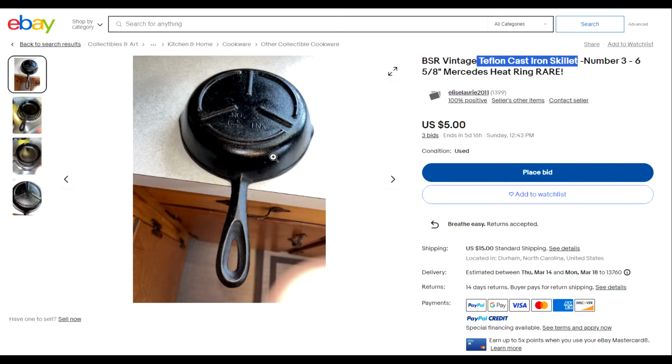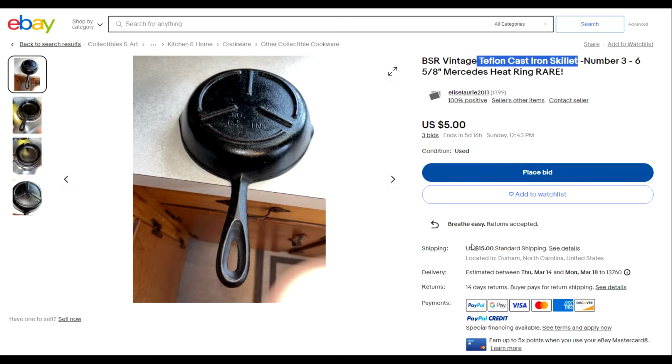Huh. So this guy's actually been doing his internet research. That's interesting. He says, heat ring rare, and yet he's starting with a bid of $5. Huh. Three bids already. I would not call this a ripoff. As far as eBay goes, that's actually an interesting little piece here, and I would probably call this a fair price.